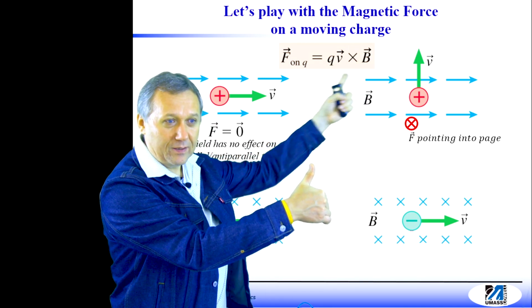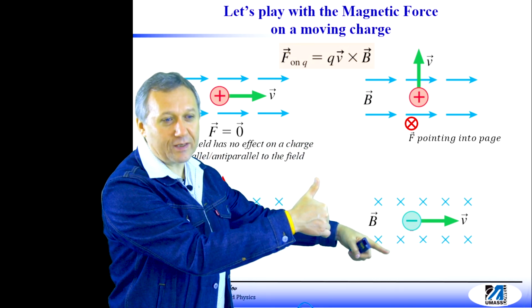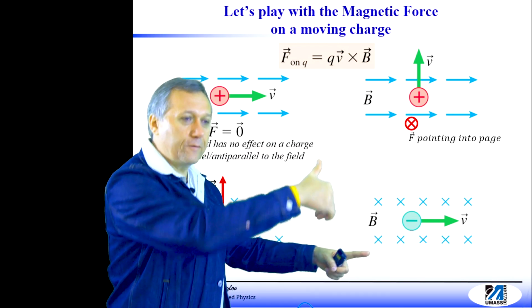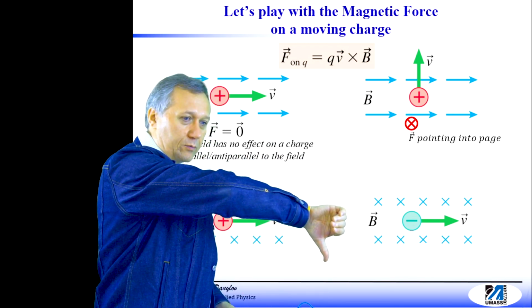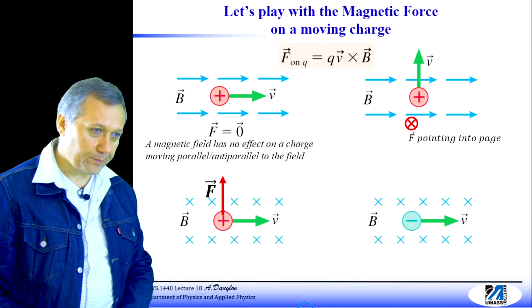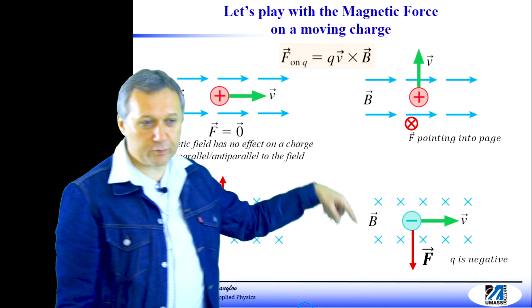But half a step, Q is negative. The charge is negative, you see? So it means that now I need to flip the found direction to the opposite one. So the magnetic force is going to be straight down. Since Q is negative, the force will be down.